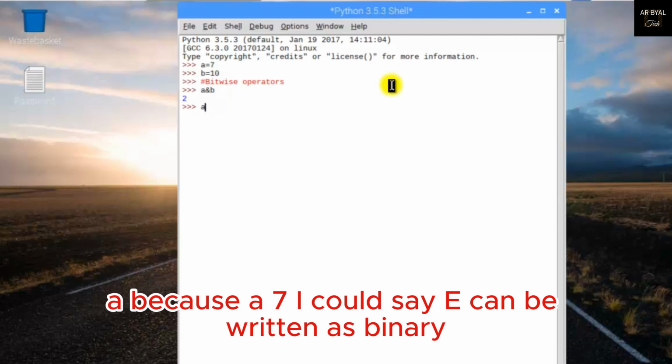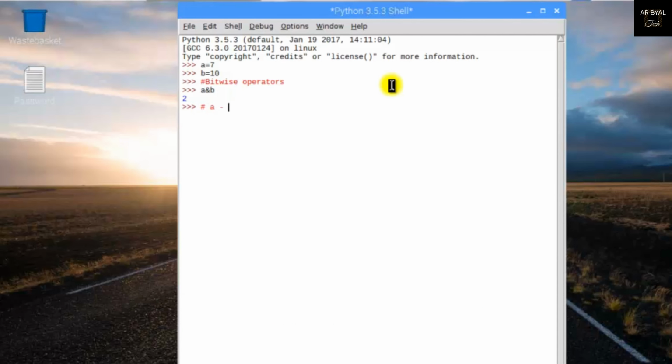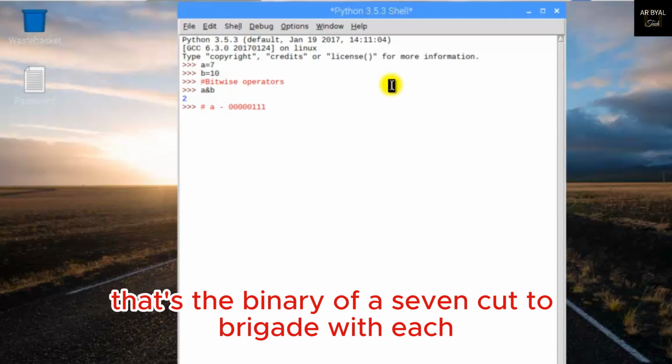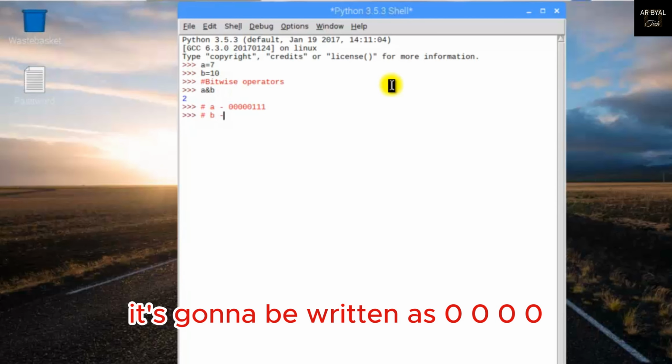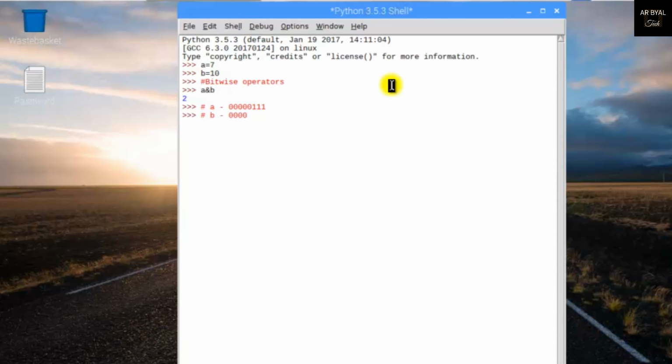A is 7, I could say A can be written as binary 0, 0, 0, 0, 0, 1, 1, 1. That's the binary of A. 7 cut to 8 bits. And then B, that is 10, is going to be written as 0, 0, 0, 0, 1, 0, 1, 0.